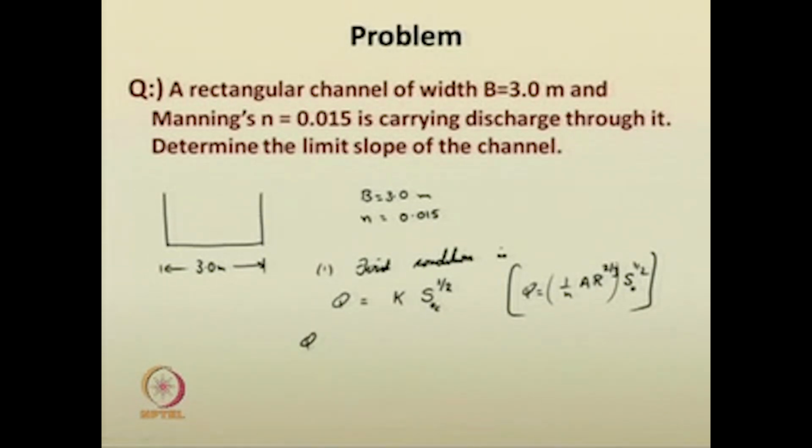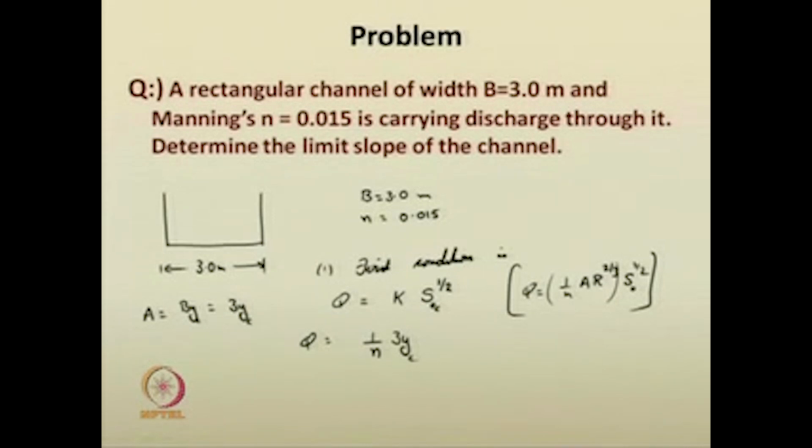So, I can write Q is equal to 1 by n, and A is B y, A is equal to B y is equal to 3 y, right. So, this is a critical depth as well as normal depth, you can also suggest like that.